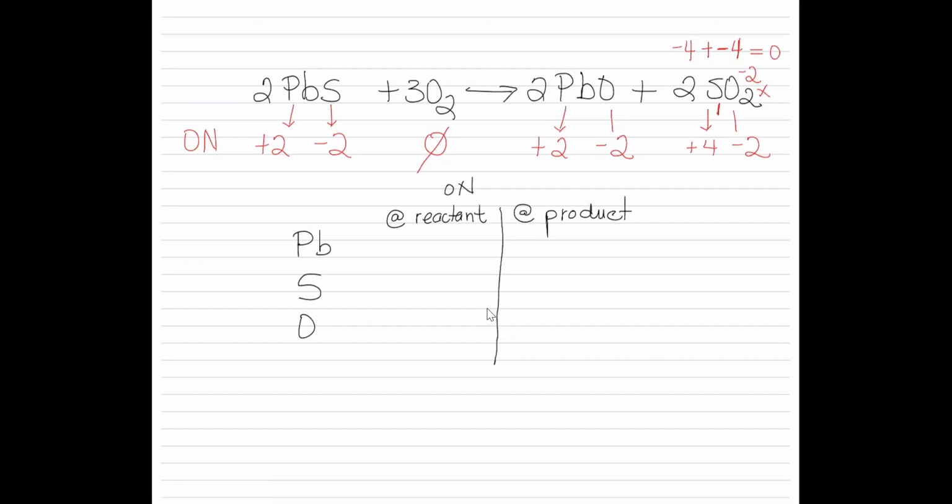At the reactants, Pb has an oxidation number of +2. Sulfur has an oxidation number of -2. Oxygen has an oxidation number of 0. In the products, Pb, in other words lead, has an oxidation number of +2. Sulfur has an oxidation number of +4. Oxygen has an oxidation number of -2.